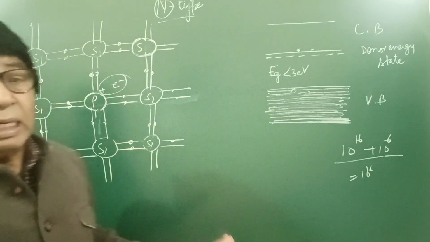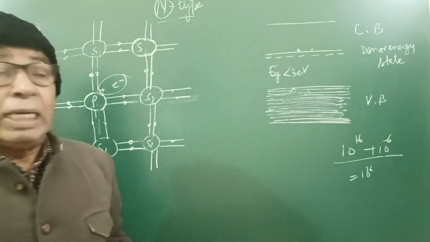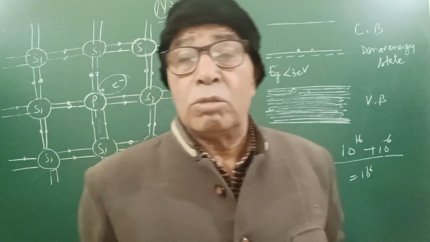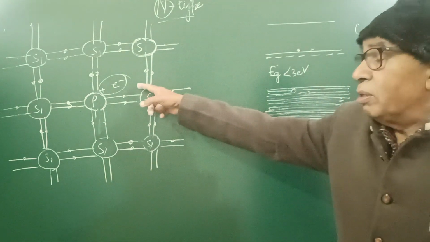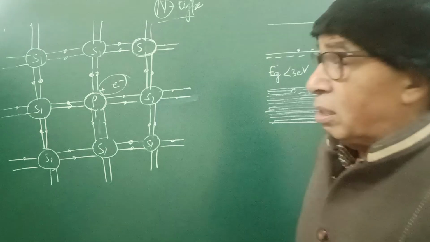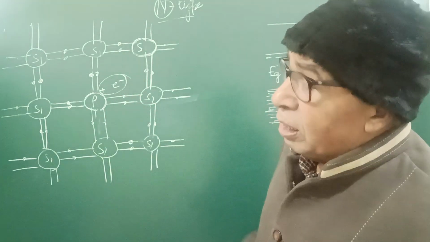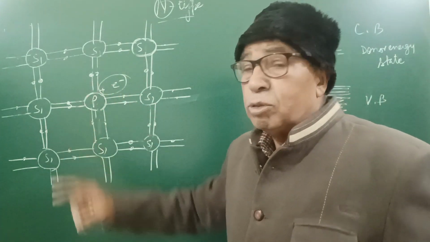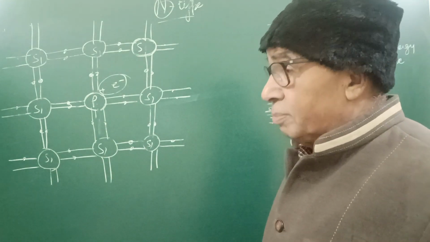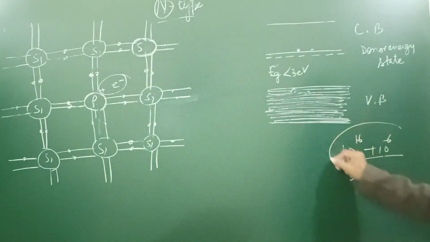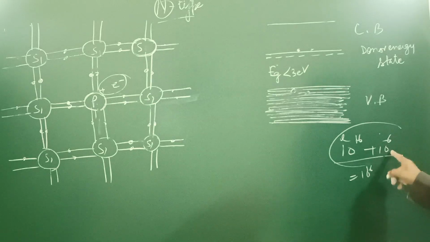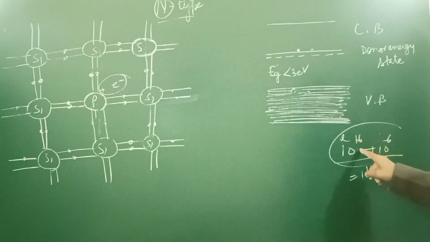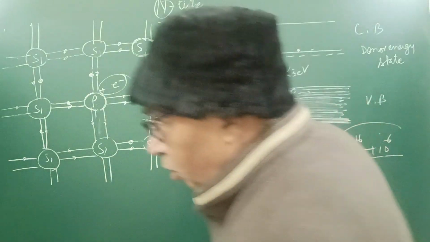Silicon itself is an intrinsic semiconductor, and in intrinsic semiconductor number of holes and electrons are equal, but those holes are small in comparison to donor electrons. Donated electron, this phosphorus atom is called donor atom. The ratio is like that, कि अगर ये इलेक्ट्रॉन हैं तो ये होल होंगे, तो इनका एडिशन 10 to the power almost 16. Though 10 to the power 6 means 10 lakh, but 10 to the power 16 is very big. So it is called N-type.